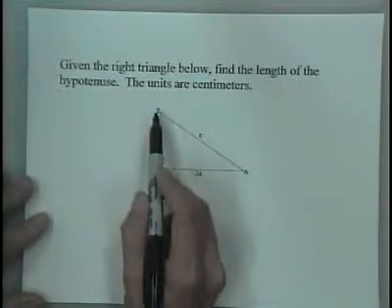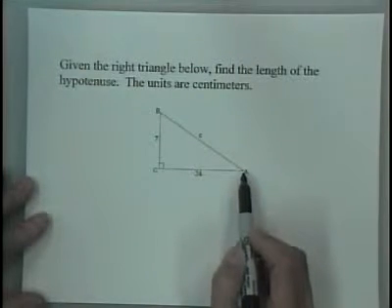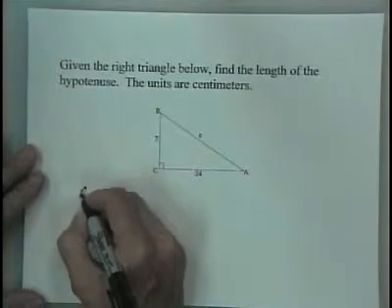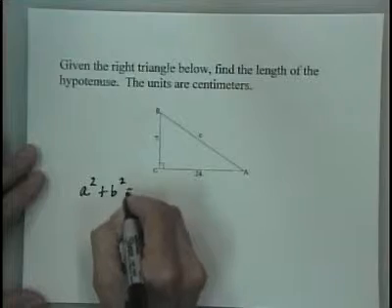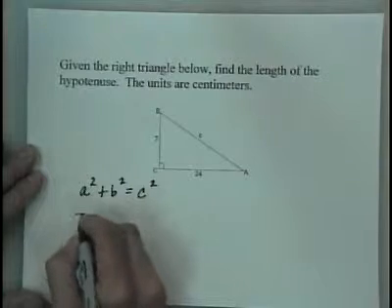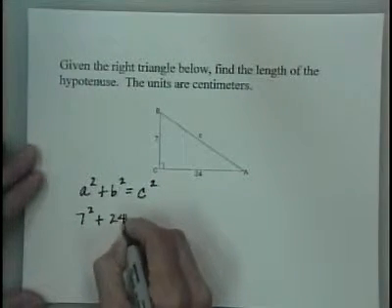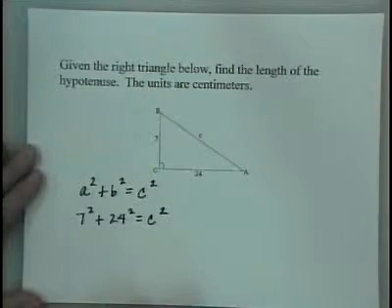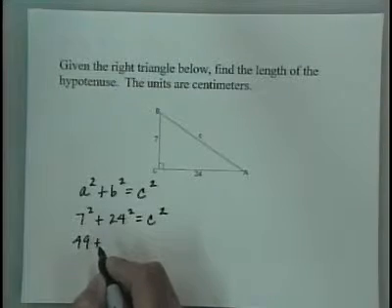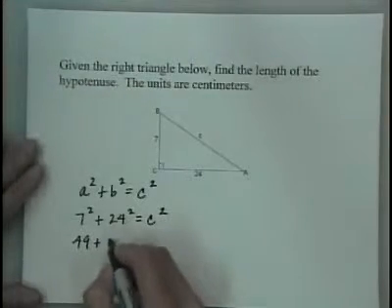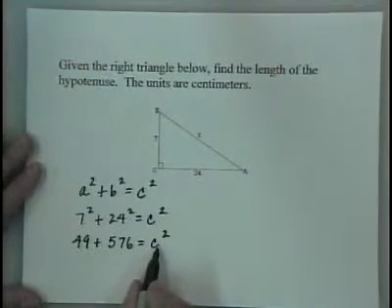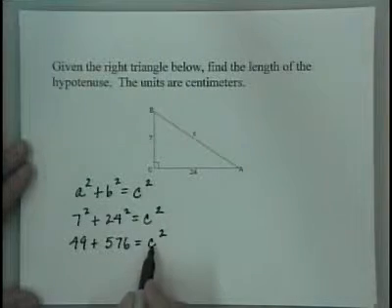In our right triangle, the legs have length 7 and 24, and we want to find the length of the hypotenuse labeled C.